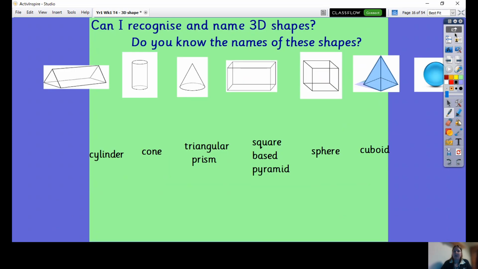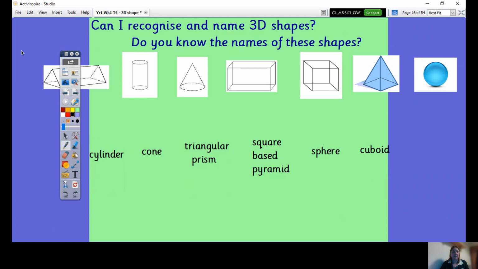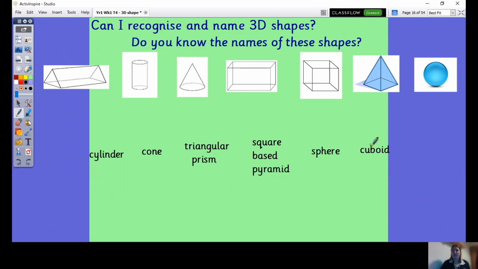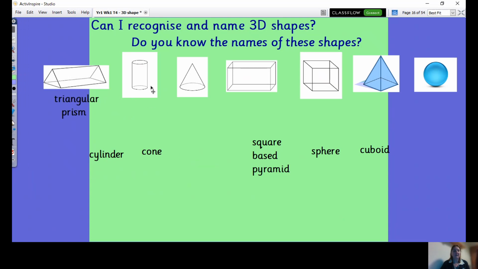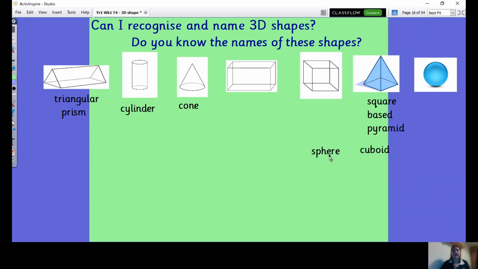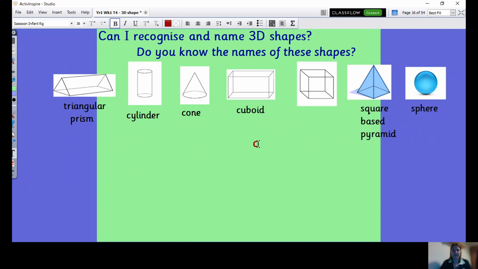Okay, so we're just going to have a quick recap of what these shapes are. So we have got a triangular prism, a cylinder, a cone, a square base pyramid, a sphere, a cuboid, and a cube.